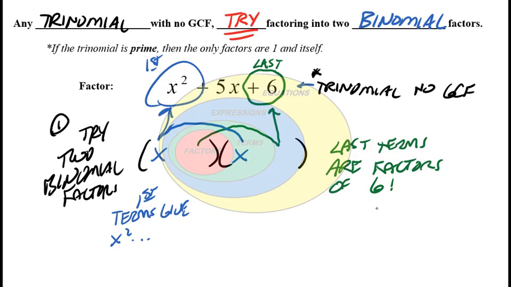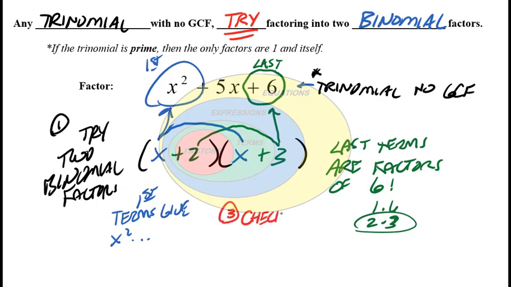So there's choices, I mean, different integer factors. I could have 1 times 6 or 2 times 3. So which one is it? And so what I'm going to do is put these factors in here. So if this was a 2 and a 3, this would have to be plus 2, and this would be plus 3. And the last thing I'm going to do then is always check the middle term.